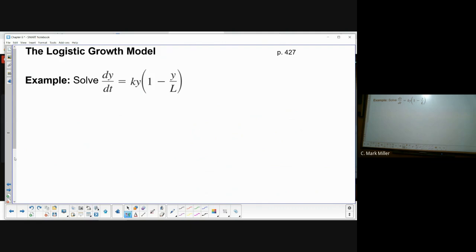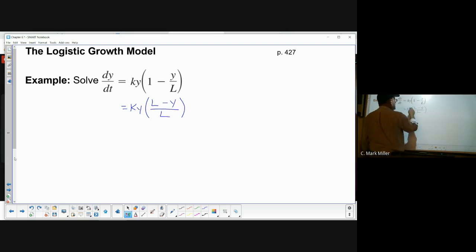So what we're going to do is combine these 2 things in here. This 1 is L over L, right? That 1 is L over L. So capital L minus Y divided by L. And that is dy dt. Oh, there's no X here, right?